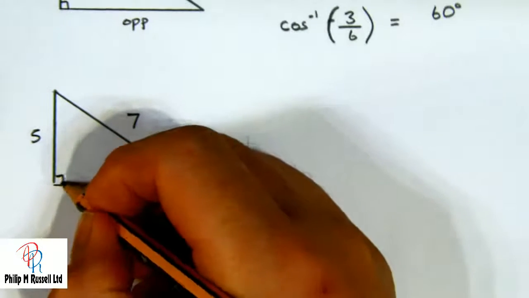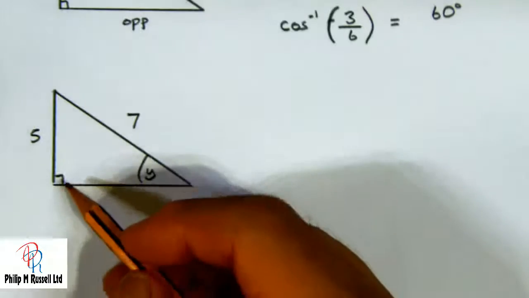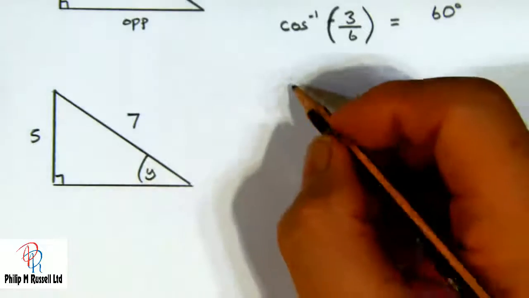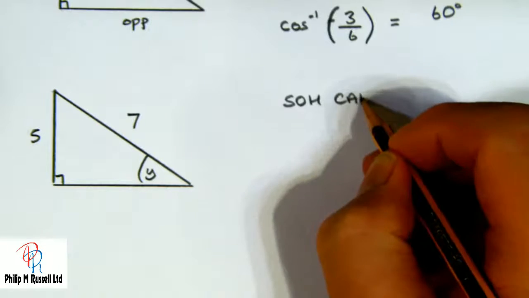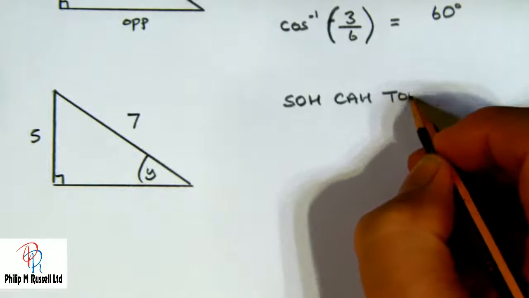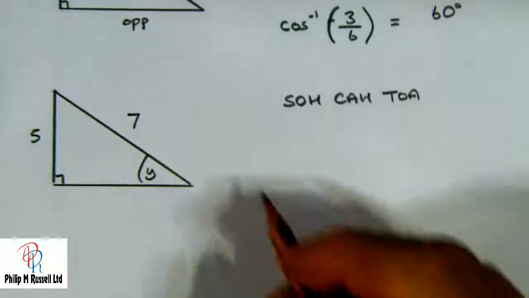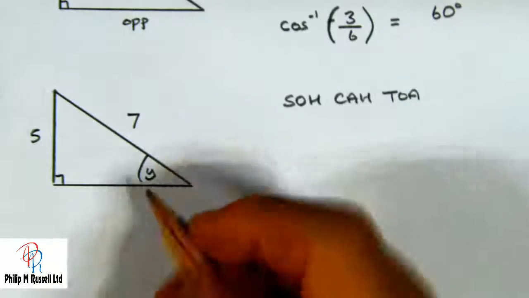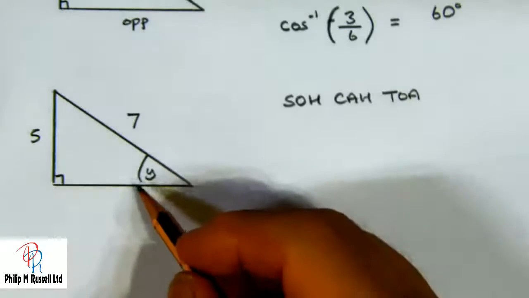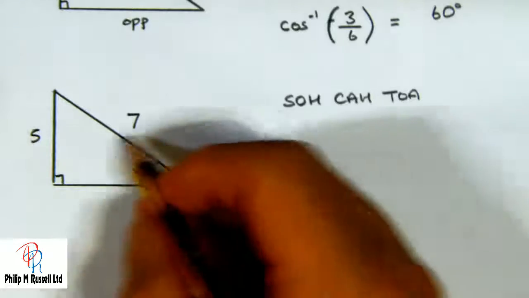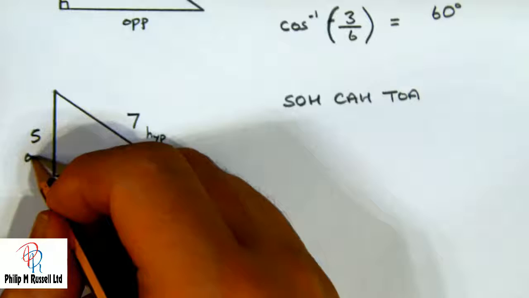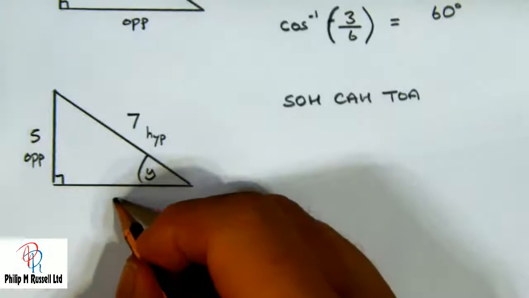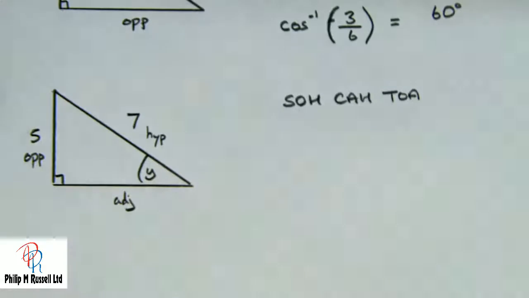Let's put in the right angle. Here we go. So we've got SOHCAHTOA, and we could place these simply organised as the hypotenuse, the opposite, and the adjacent.